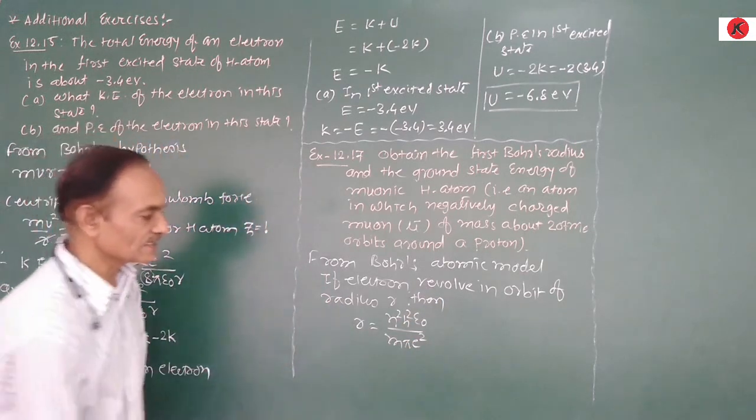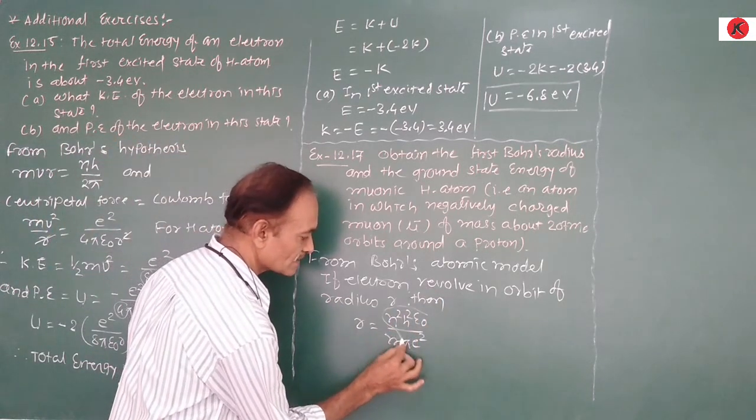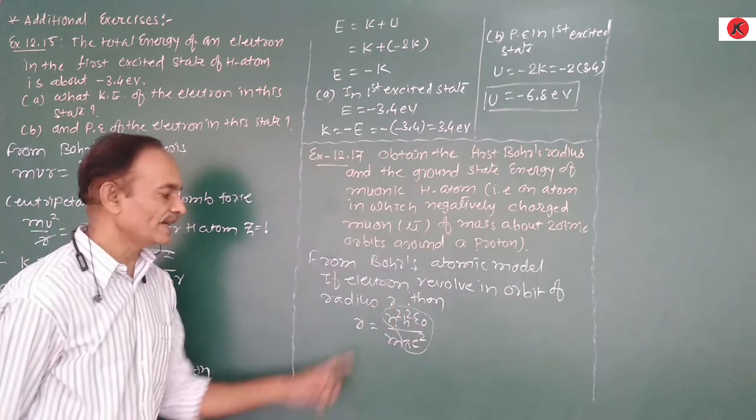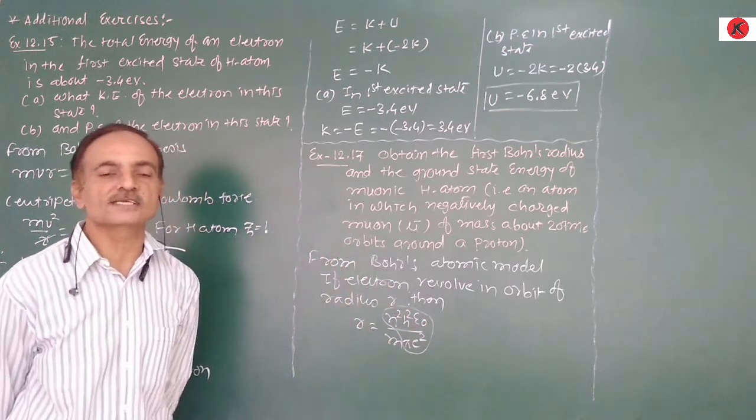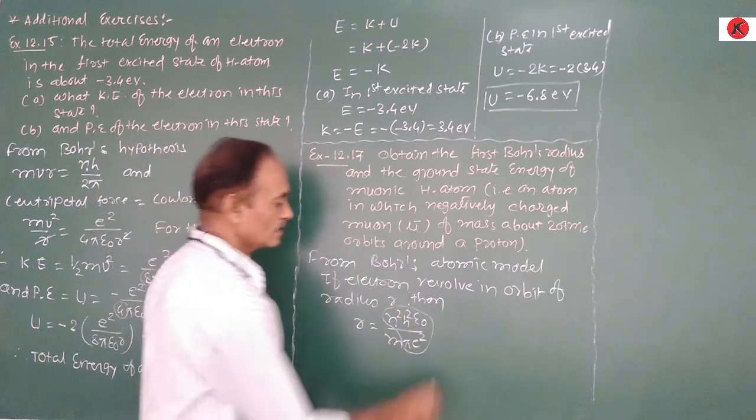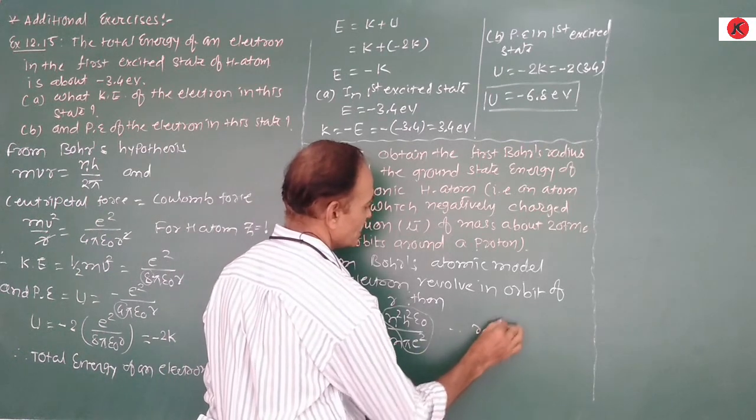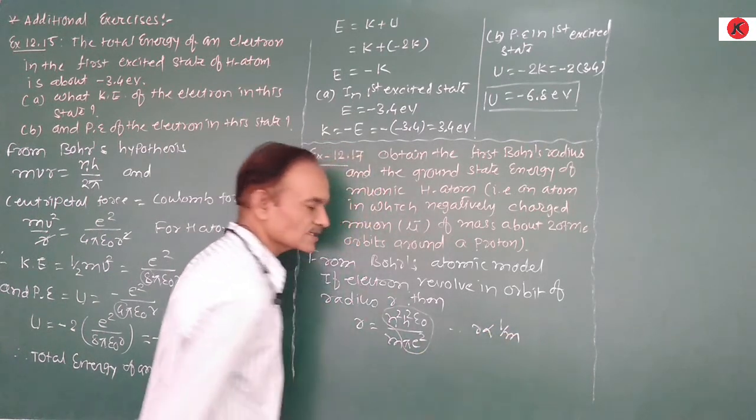From this equation, these terms are constant. Therefore, the radius is inversely proportional to the mass of the atom.